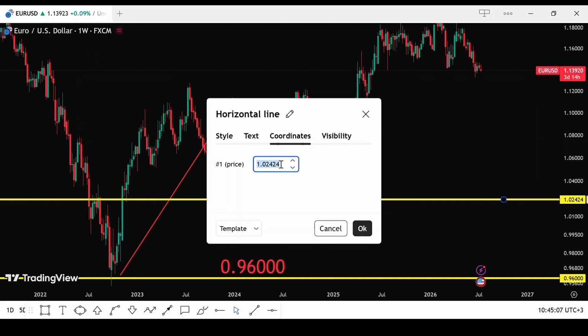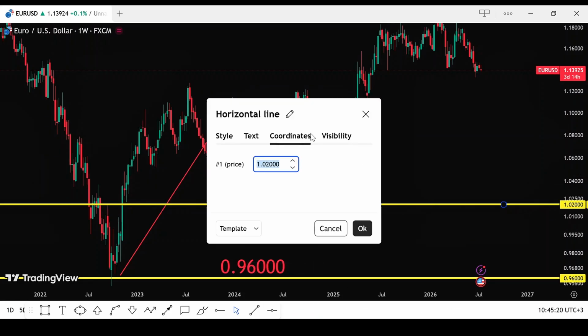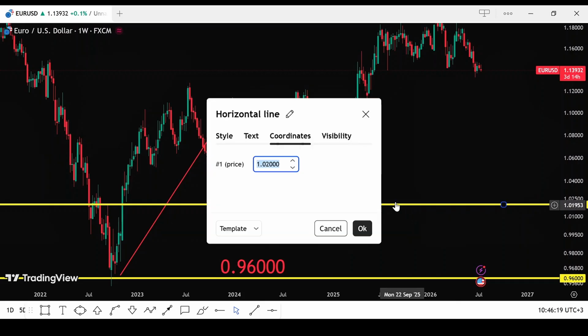If we come to this level, we mark, put 00, say okay. Let me copy these coordinates, put them here.